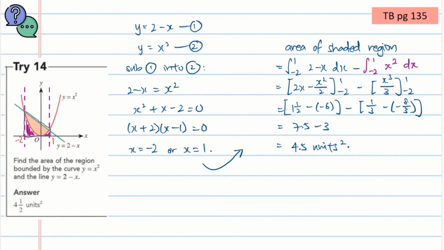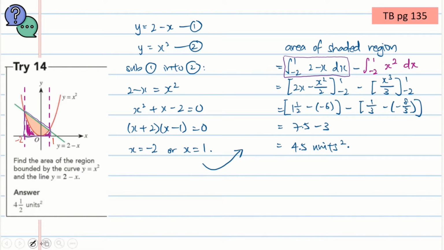That will be the area under the straight line. So that is what we have as the integral here from -2 to 1 of 2 minus x dx. And then minus away the area under the curve, which is the definite integral of x squared from -2 to 1 with respect to x. Okay, then we will be able to solve to get the answer of 4.5 units squared.